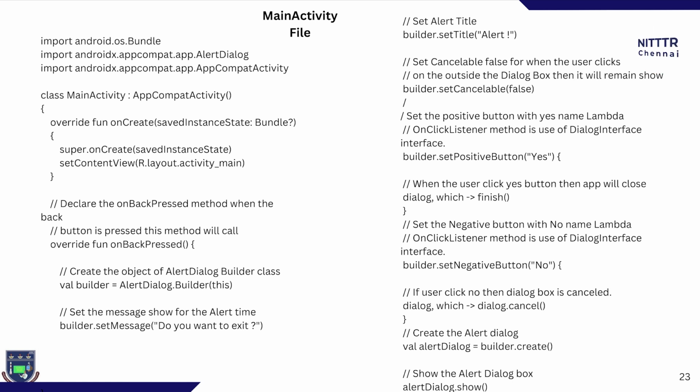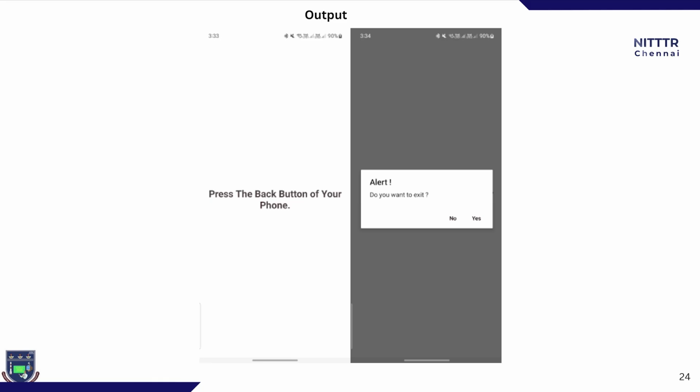Finally, we call the create method to build the alert dialog and show to display it to the user. This ensures that when the user presses the back button, they are prompted with a confirmation dialog before exiting the application.